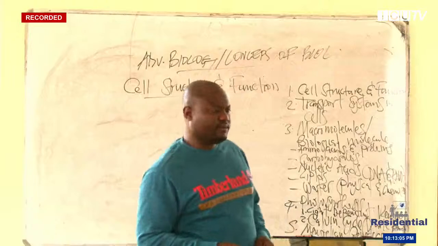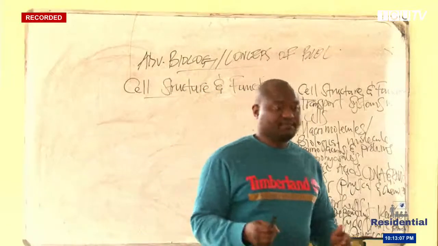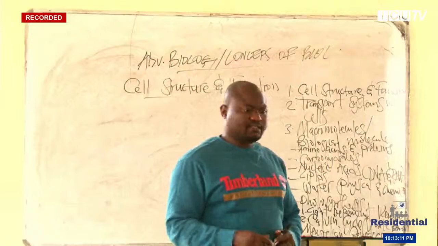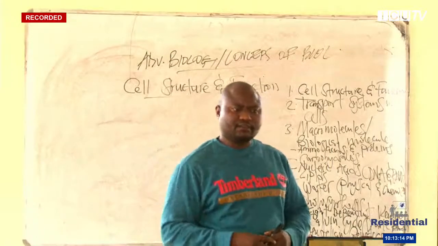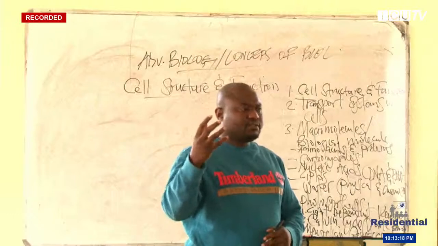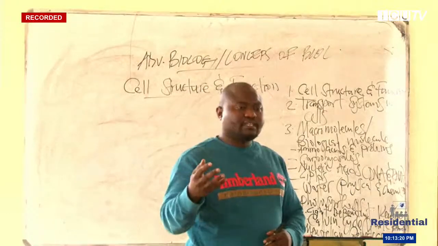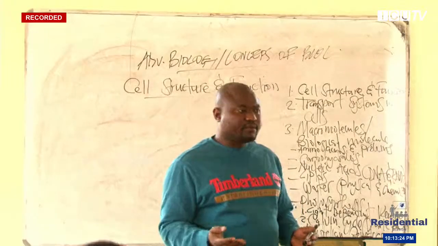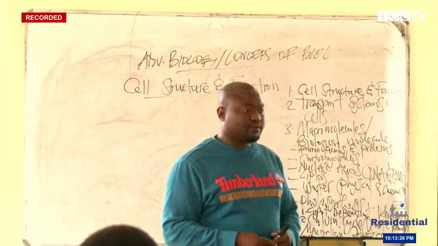I'll give you a practical example so that you can understand. Look at this building, a nice huge campus, right? They say about 4 or 5 story building also. How did it come to be? What did engineers use to build this building? It's a block.